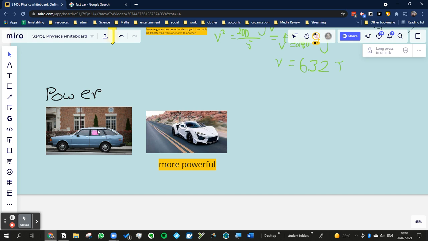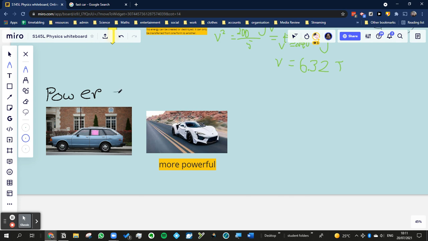What can this car do that this car can't do? We can't say it can do more work because it just depends on how much energy you give it. If you give this one more petrol, then this can do more work, or use more energy. It's basically to do with how quickly it can use the energy.